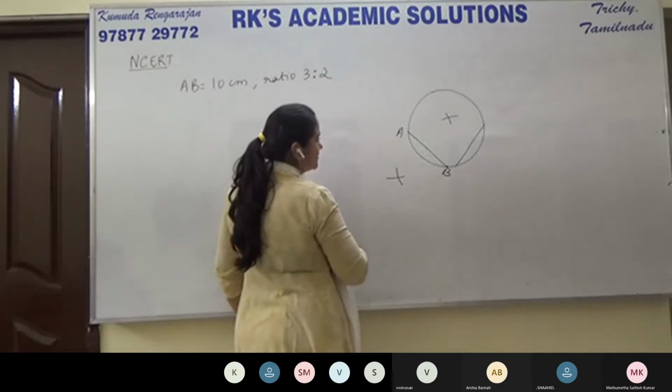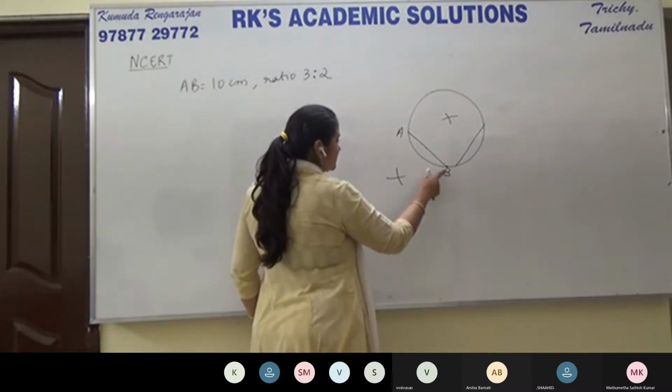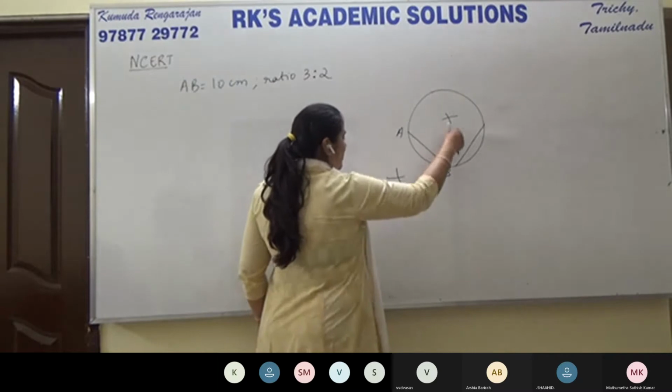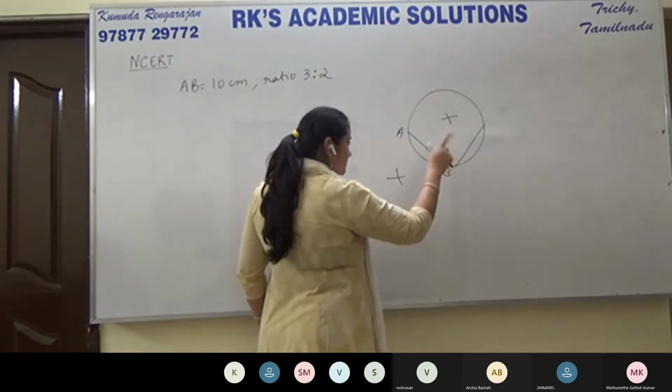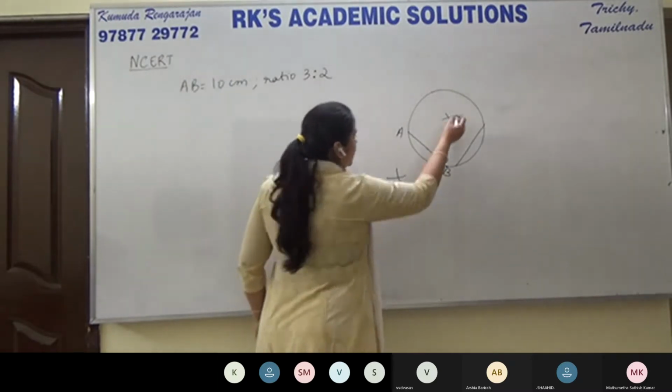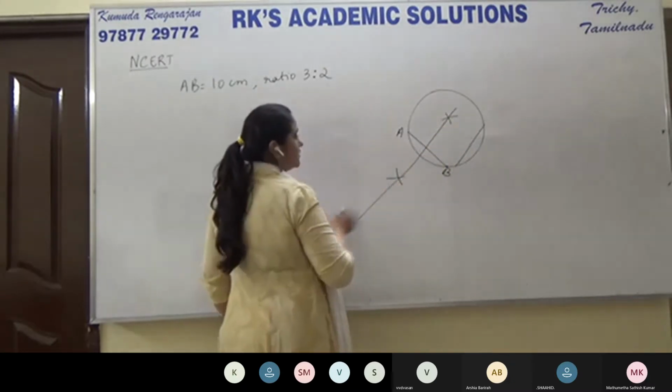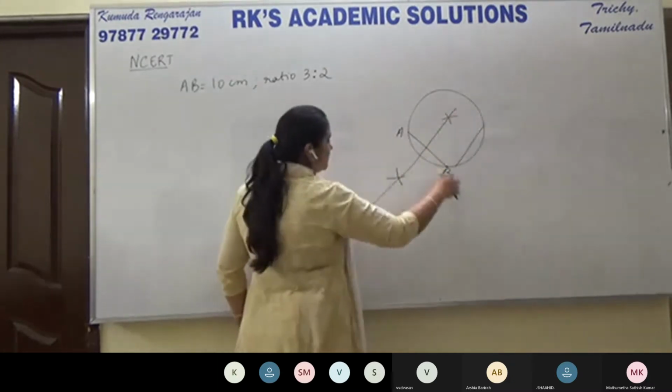With A as center, an arc here, with B as center and the same radius, we cut the earlier arcs and we join. This is the perpendicular bisector of AB.